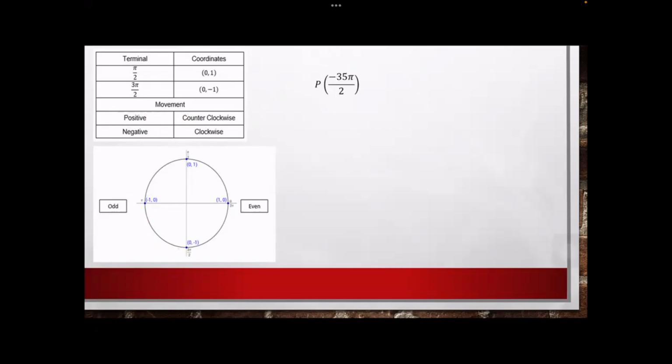Okay, next we have negative 35 pi over 2. If we're going to divide, 35 divided by 2, what's the answer?